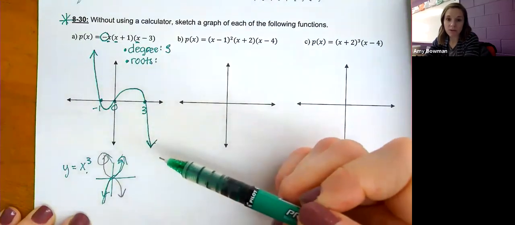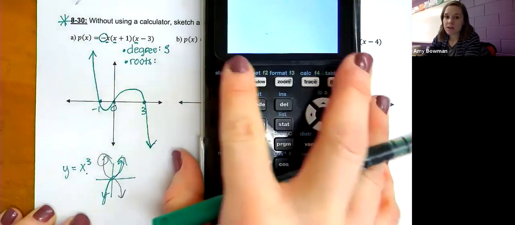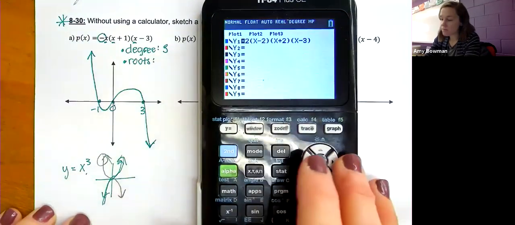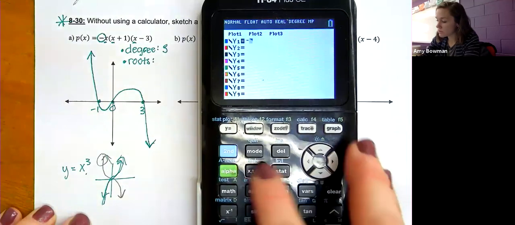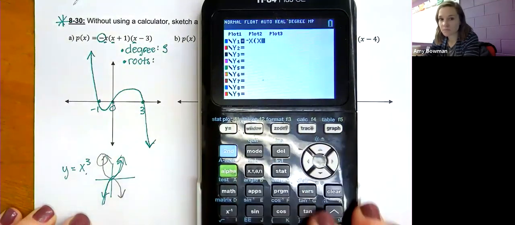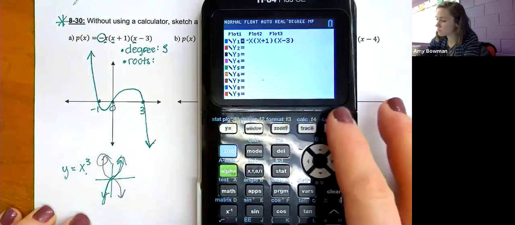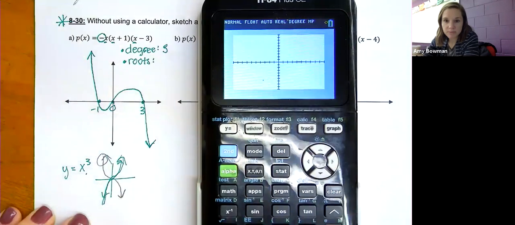So crossing through. And if I wanted to check this on the graph, I could easily do that. This isn't going to be a perfect graph of that, but it's going to at least show me what's happening at the roots and where it starts and ends. So here's my graph.